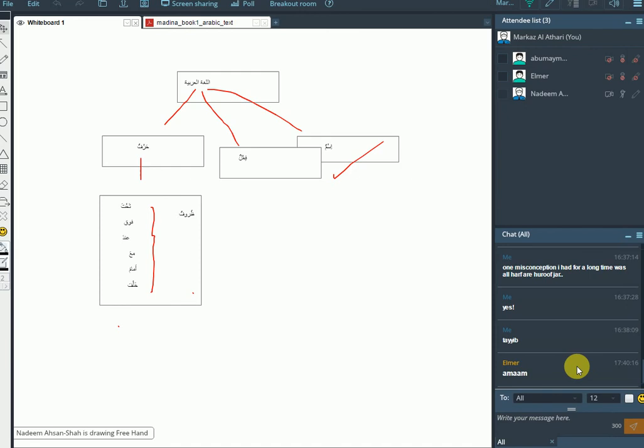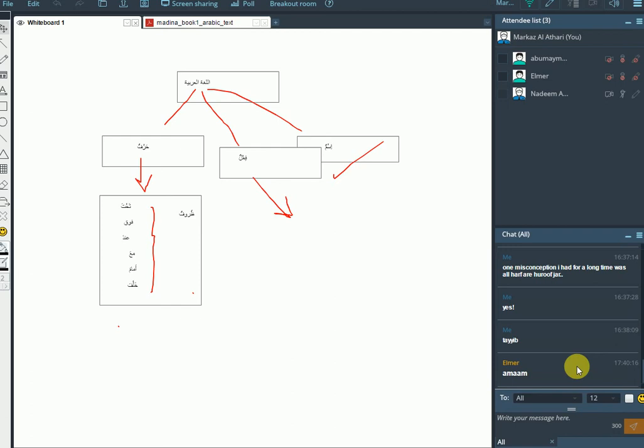Okay. And then you have the fi'l. And the fi'l, ya ikhwa, you see, these are the verbs. These are the actions. So, for example, what things does a person do generally in his life? You can do so many things. Everything you're doing is an action.